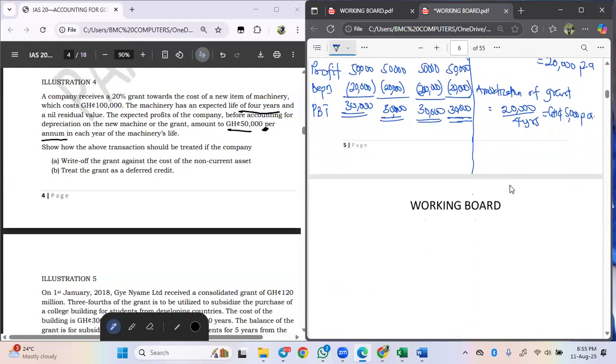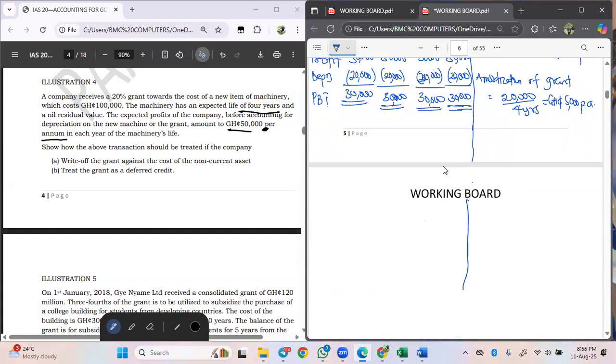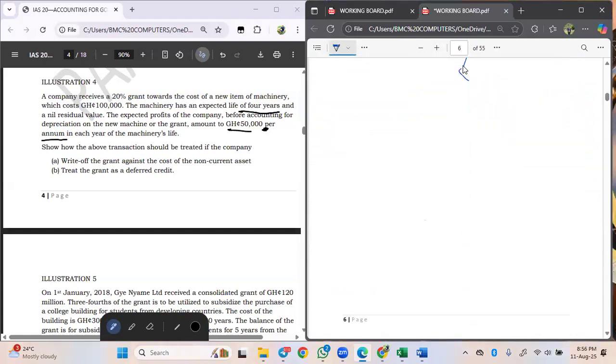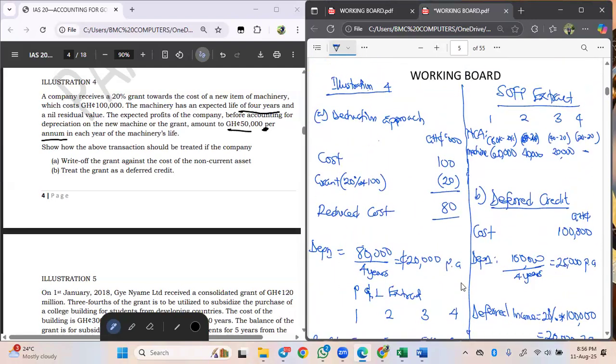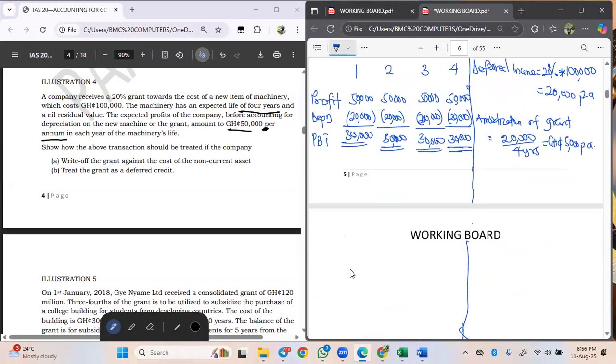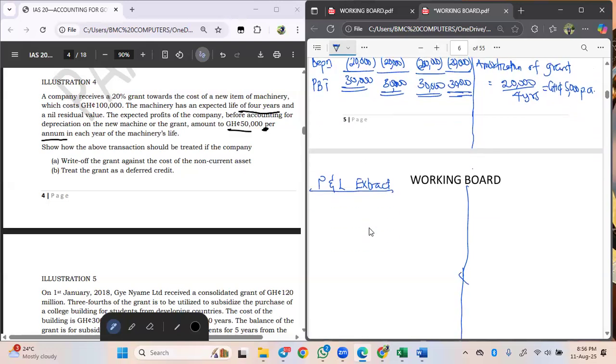So let's look at how the P&L will look. We have years 1, 2, 3, 4. We have our profits of 50,000 throughout.